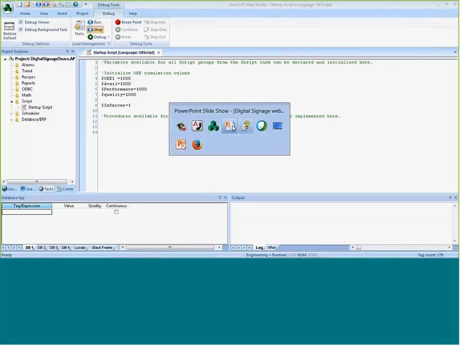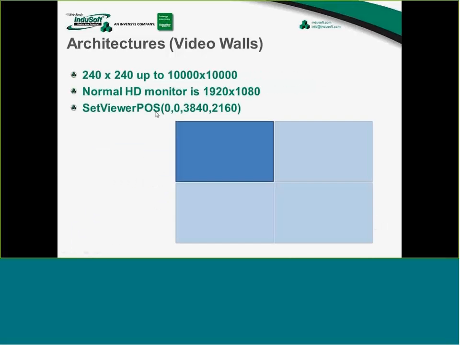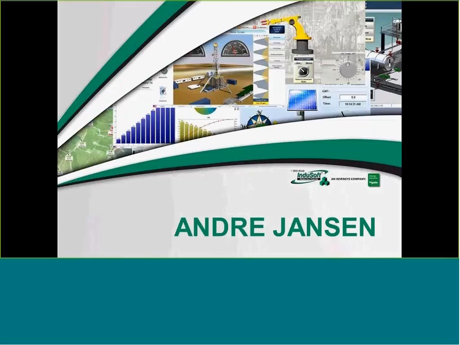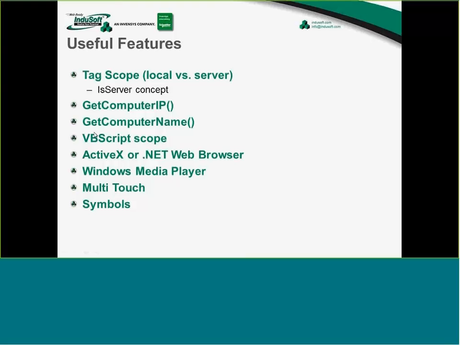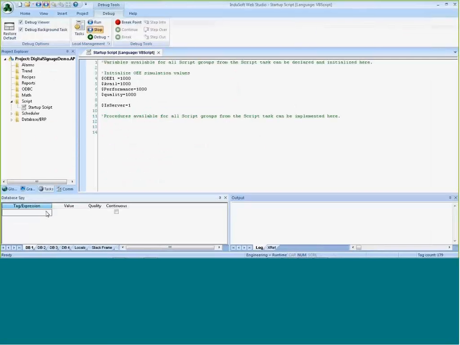Now you can take this another step further. I think I have these in the slideshow here. Let me advance a little bit. The functions GetComputerIP or GetComputerName. By using those functions, I'm just going to do this here in the database SPY: GetComputerIP, and if it's a function, I have to have parentheses there.